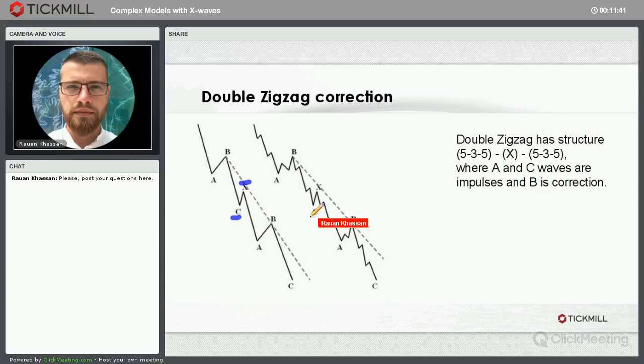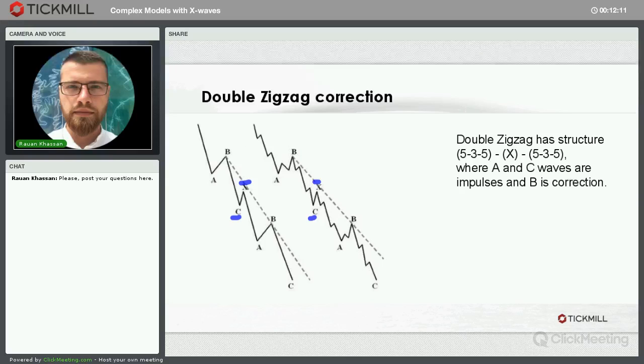The same goes here on the second example. So if you're not familiar with the concept of double zigzag, you would probably get a wrong view on the actual wave structure, because you would try to identify the X wave as part of a bigger wave model.